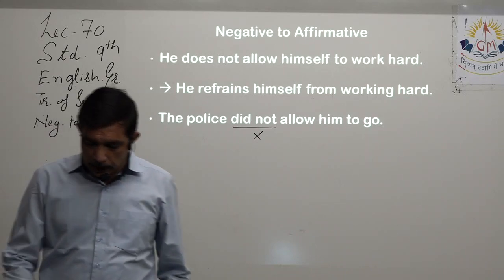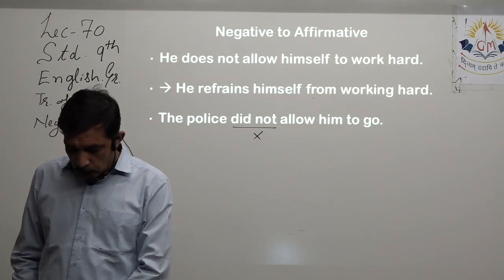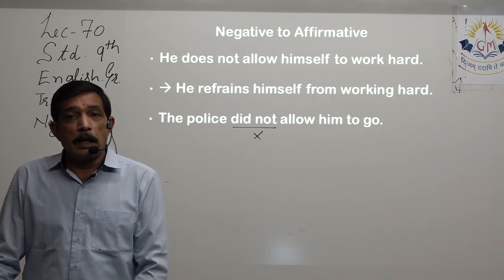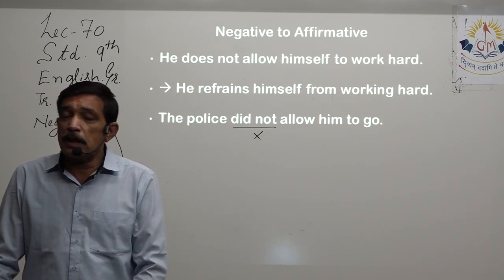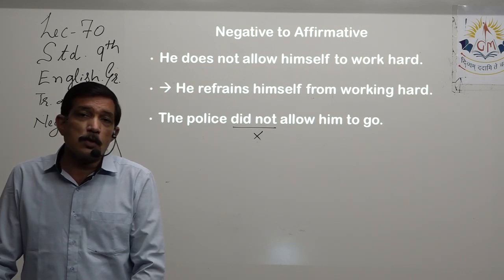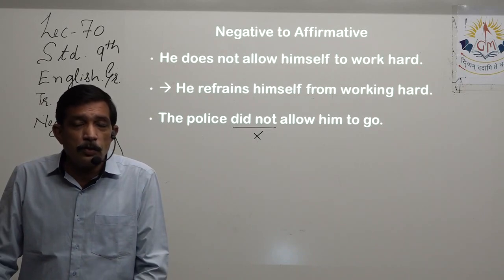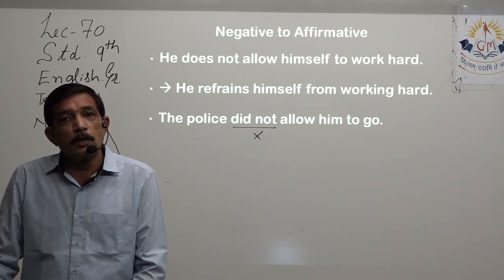Again I say we have to use your common sense. You are just 15 or 16 years old. I hope 90% of you do not have a driving license, but I see most of you on two-wheelers. Suppose you are going on a two-wheeler and the police sees you. What does the police do?